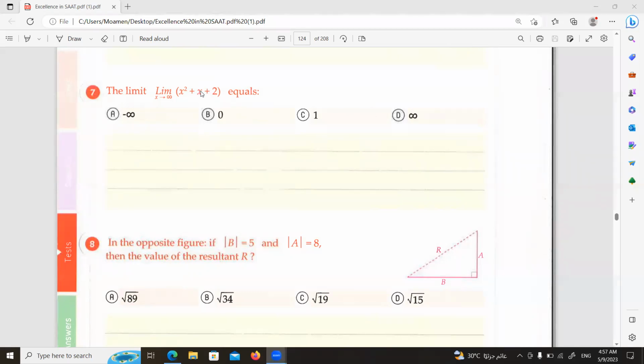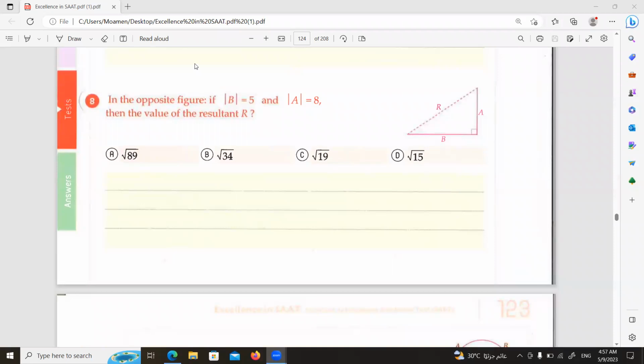Okay, we're going to the next. He gave you the magnitude of B, which is 5, and the magnitude of A, which is 8, and he asked you about the resultant. The resultant is the square root of A power 2 plus B power 2.